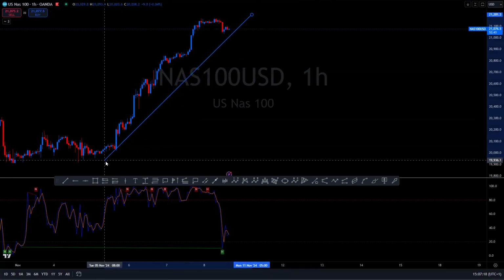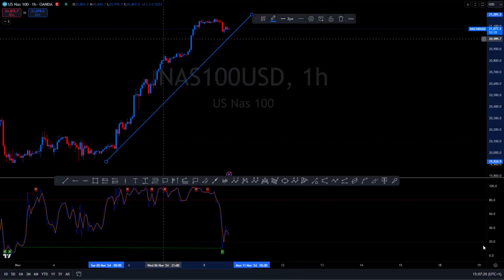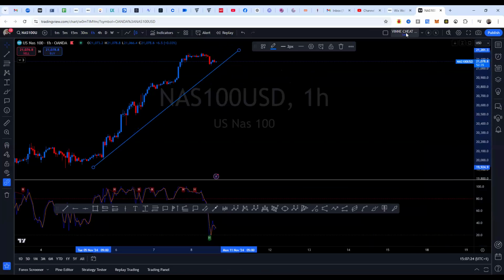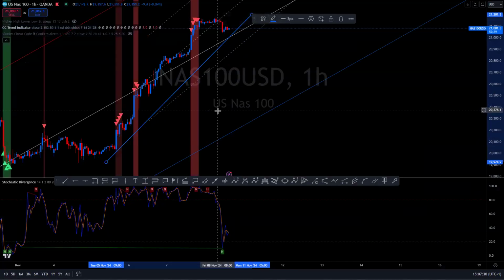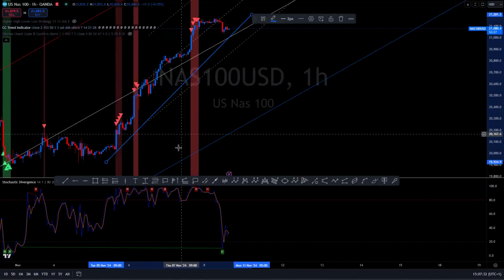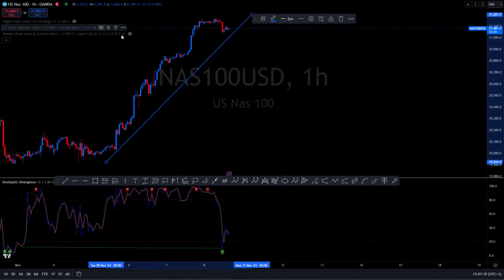And then let's turn on the CC trend indicator. Our trend lines are pointing upward, so that lets us know that we are in confidence with the trend.